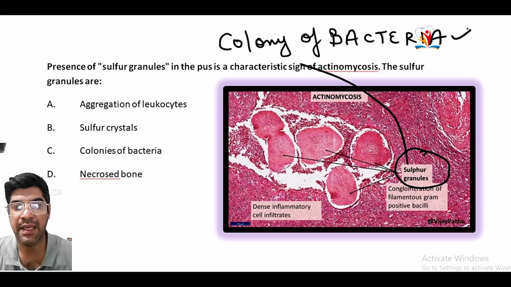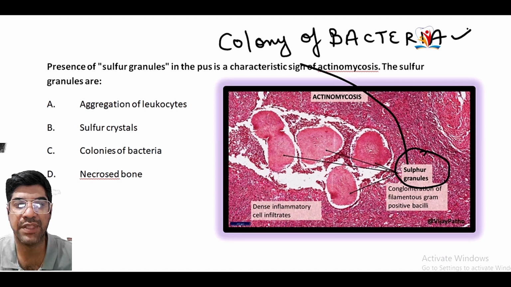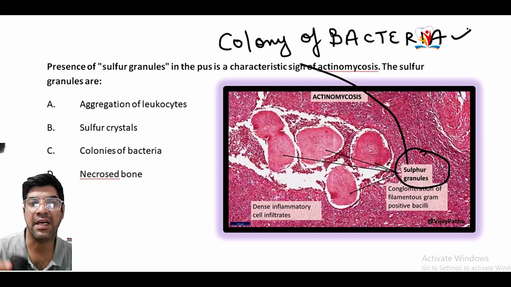Actinomycosis is a bacterial infection primarily caused by Actinomyces israelii, and it is characterized by sulfur granules that are composed of these bacteria along with host tissue components. So these granules can be seen in clinical specimens, and they are a distinct feature of this condition.